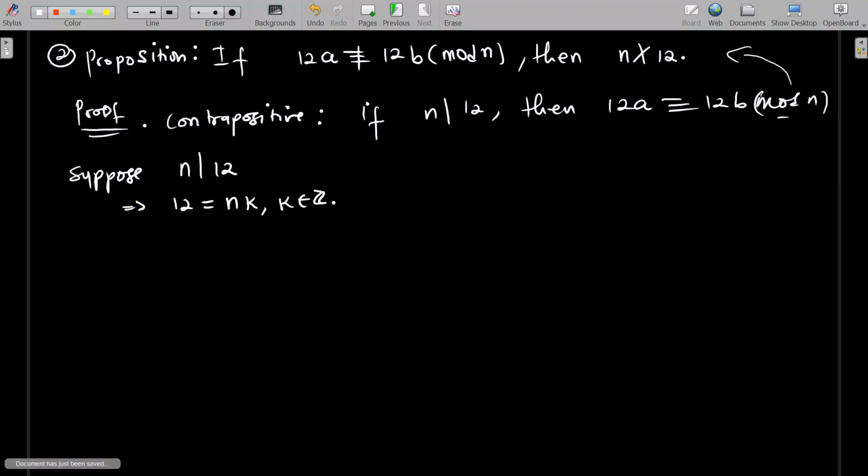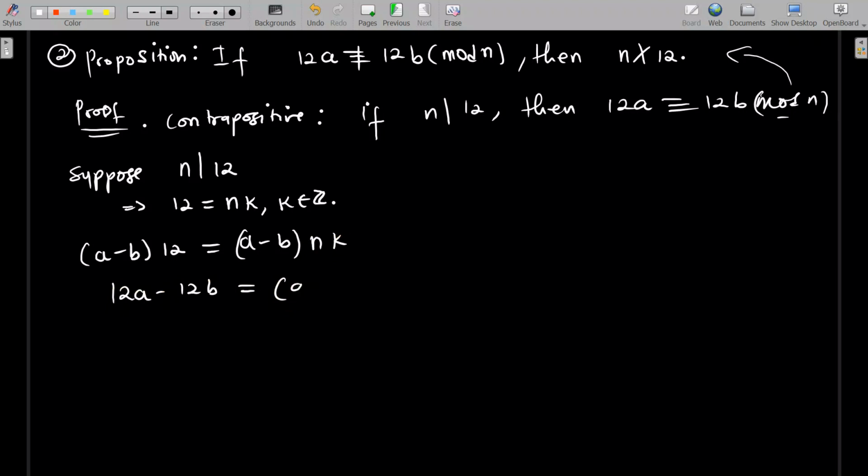Now, I want to create something here so that I can get 12a minus 12b equals n multiplying something. So I can try to multiply each side by a minus b, right? This is going to give me 12a minus 12b equals a minus b multiplying k, then n. Now the whole of this will give me an integer because a and b are integers, right?